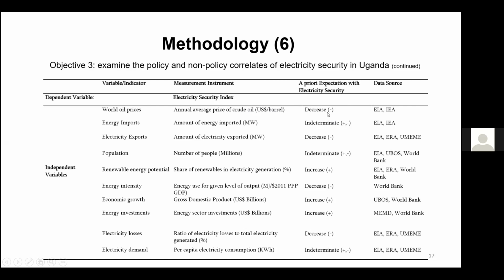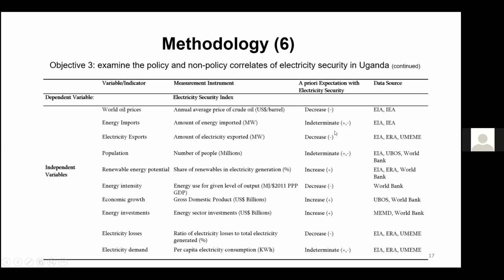So they are likely to have a negative impact on electricity security if prices go up. Imports, we can't predetermine. Imports sometimes may increase electricity security, but may also reduce it, depending on which way it goes. So theoretically, we cannot predetermine what direction this would take.